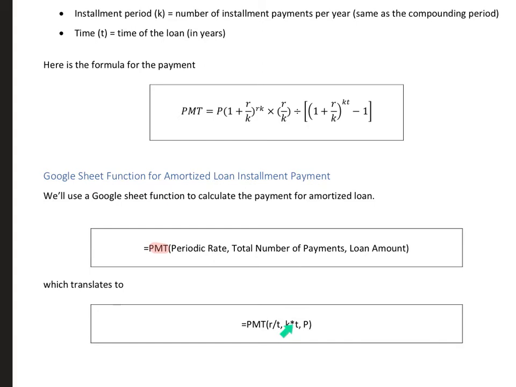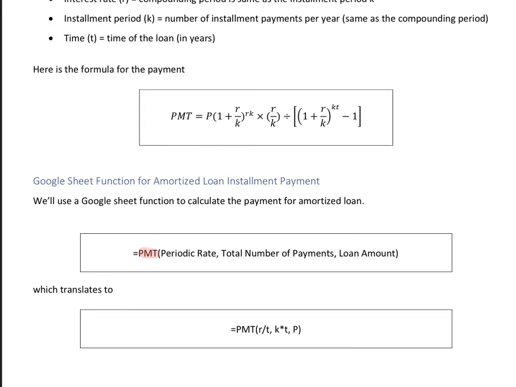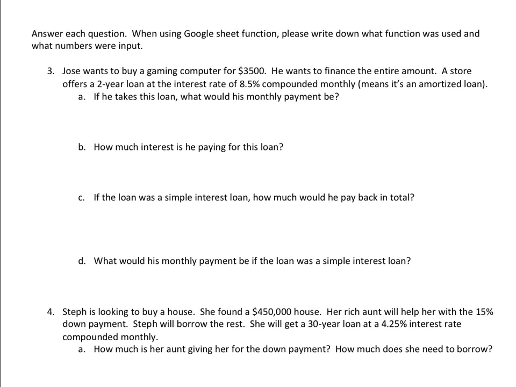So K times T. If it's monthly, then it'd be like 12 times how many years, right? And then loan amount P. So those are the 4 factors that we talked about before. P, R, K, T. This is how you're gonna plug in. All there. All right.